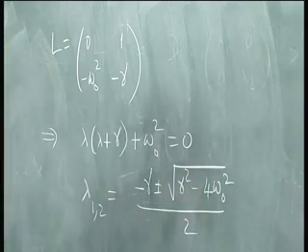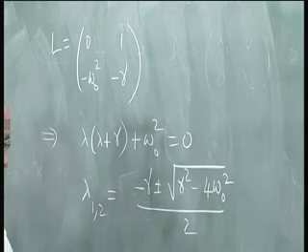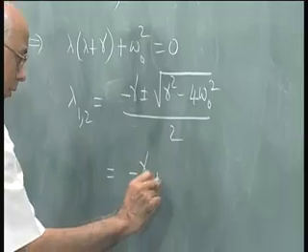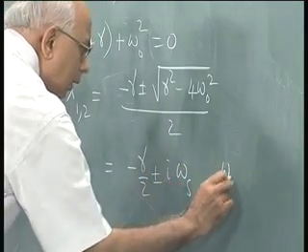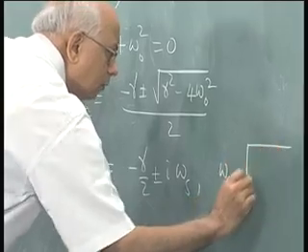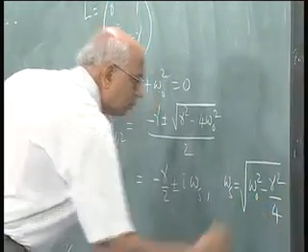If I am interested in the underdamped case, then this becomes an imaginary number, so let me write this as minus gamma over 2 plus or minus i omega s, where omega s is square root of omega naught squared minus gamma squared over 4.